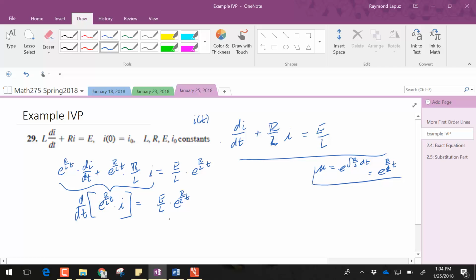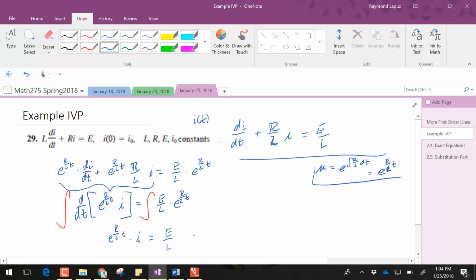And so we're going to integrate both sides. And then we're going to get e to the R over L t times I on the left-hand side. And then the right-hand side, we have a constant, and we have an e to some power.